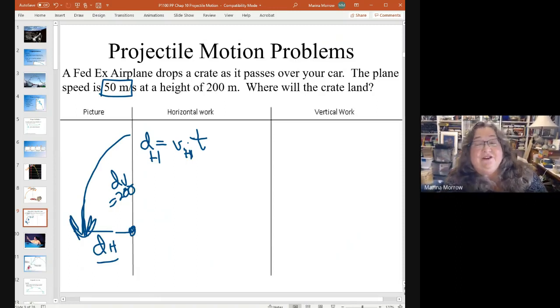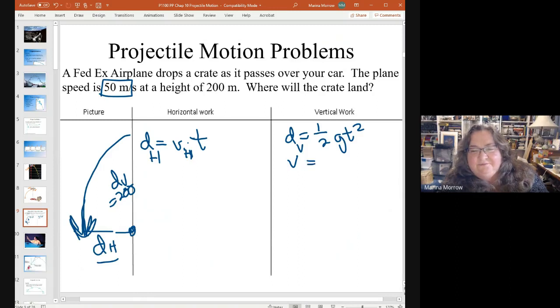Now, some of the equations you can use in the vertical direction are those equations for falling objects on your equation sheet. There are three possible ones we could use. So one, remember we used to do distance is 1/2 gt squared. That's for a falling object. We could also use the velocity is equal to g times t. That was one we learned.